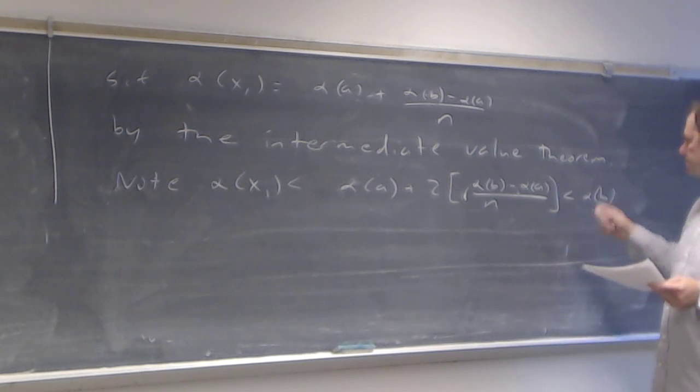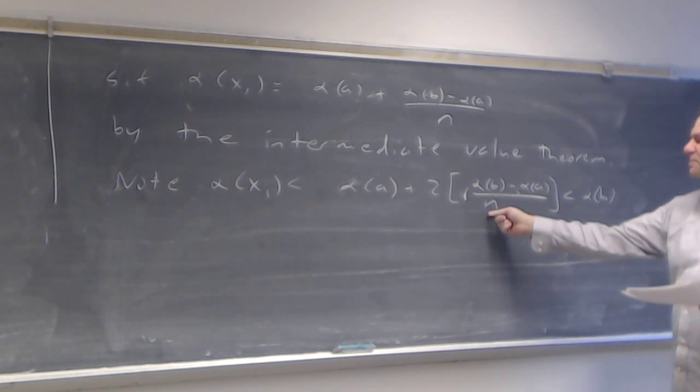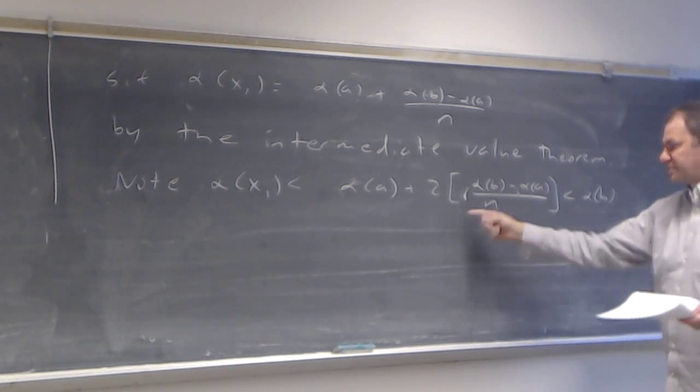So we got a little bigger. We still may not be up here. We're assuming here maybe n is bigger than 2.